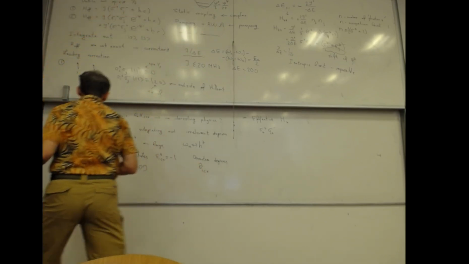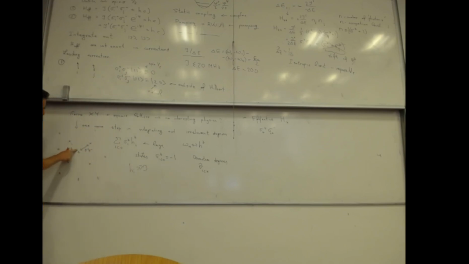Suppose I start with this cross, I move the excitation here, and of course I pay this energy, and then I move it here. But notice that in this way I can also move it here as the second step. So this is the first step, and this is the second step.